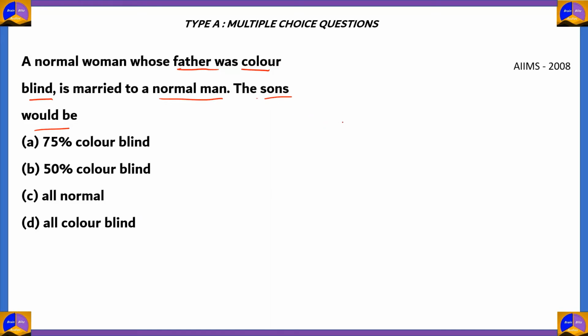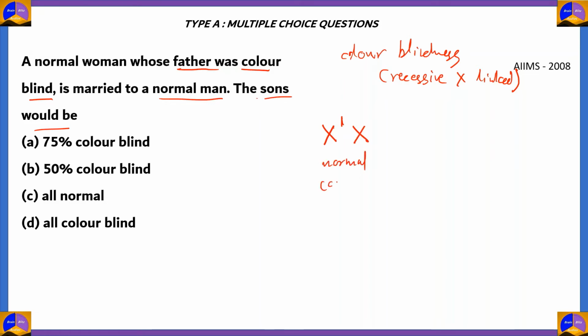So colorblindness, especially red-green colorblindness, is a recessive X-linked disease. So what it means is that in a woman who is heterozygous, it is not expressed. So the woman is normal, but she is a carrier.